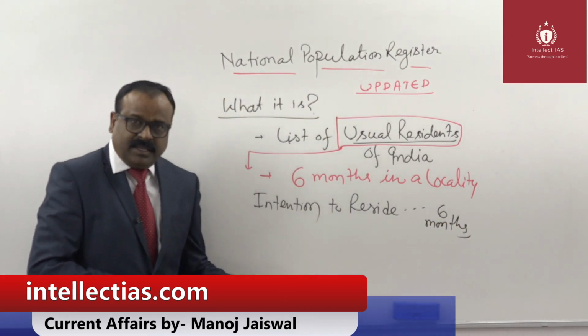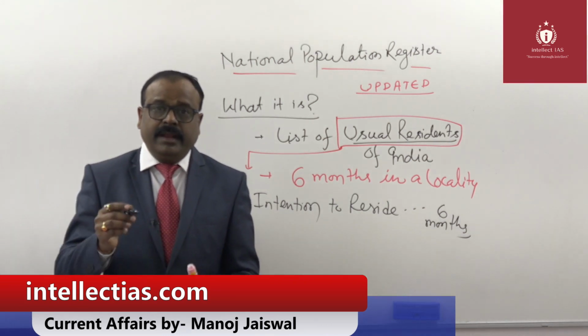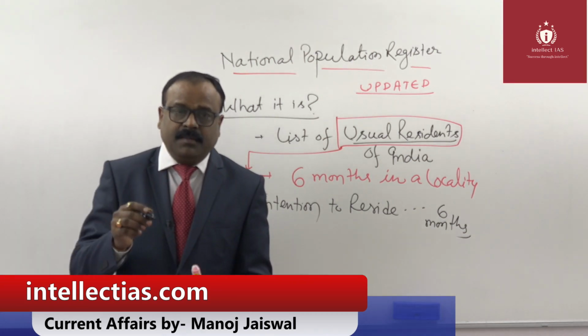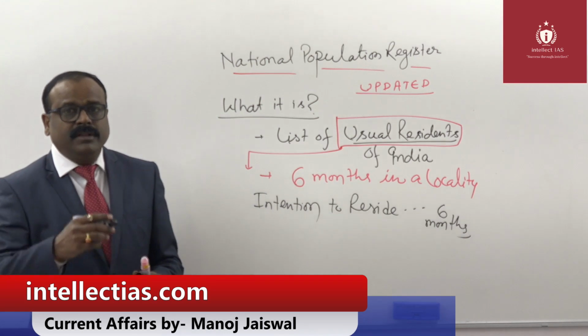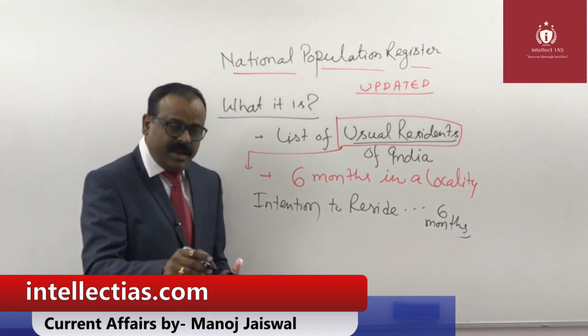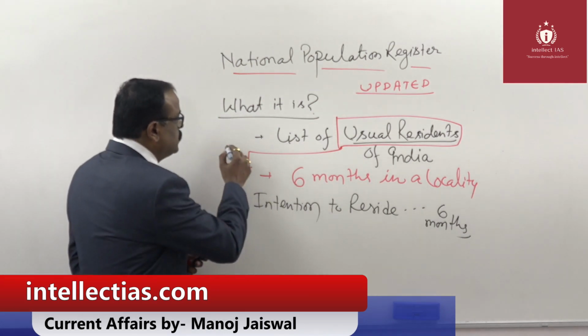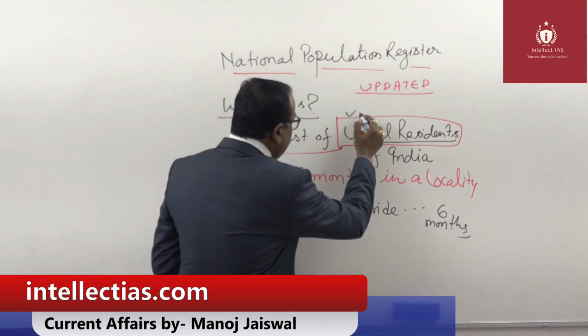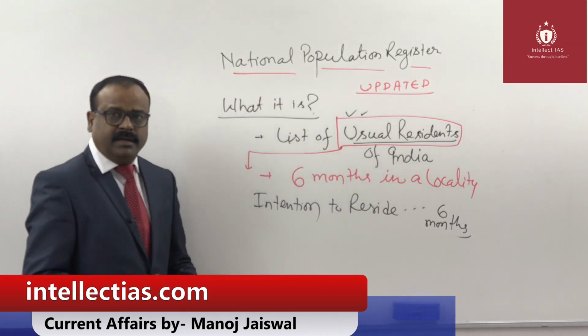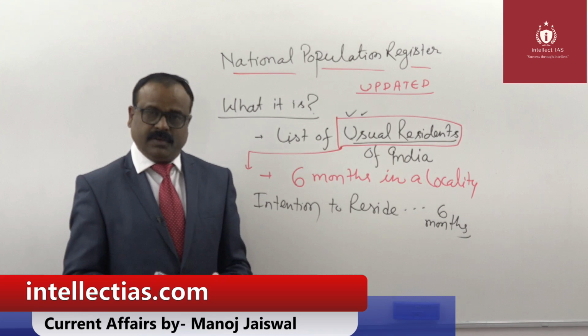Either they are residing or they are having an intention to reside in a particular locality for the next 6 months, then they will be considered as the usual residents under this NPR. Okay?